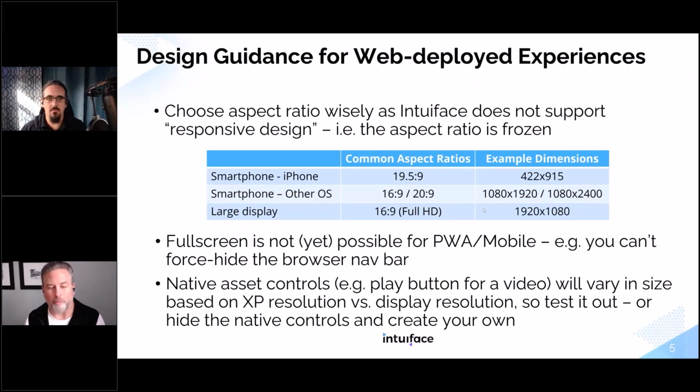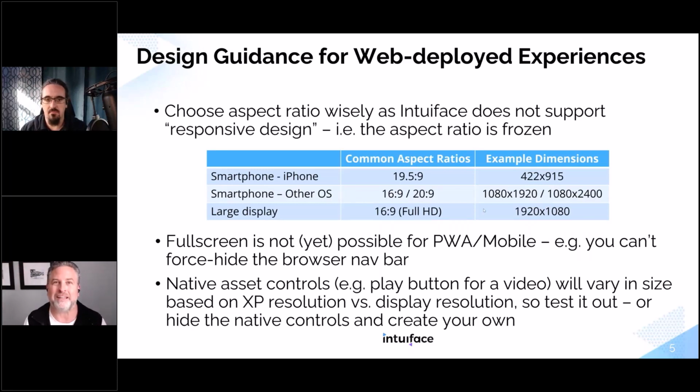It's predictable, but it's going to hurt your brain, and it might not be worth it. Basically, the higher the resolution of the experience, if it is squeezed to a smaller resolution, things get very small. And if it's built in Composer in a very small resolution display, then if it's sized up, it gets very big.